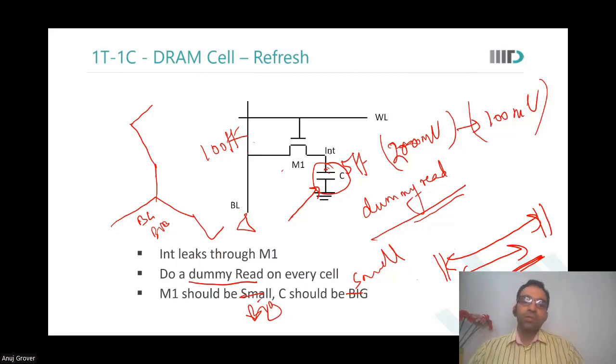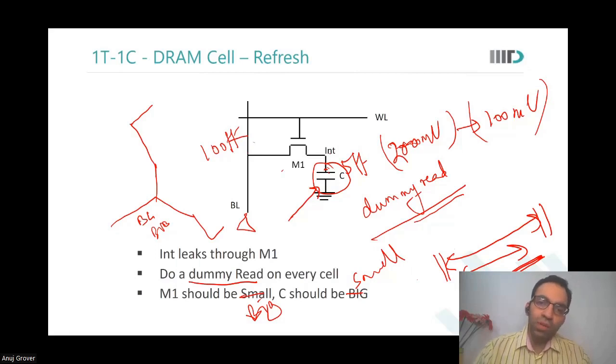So the sense amplifier has an offset dependent on voltage: I want my voltage to be at least this much so that I can sense a 0 or a 1. And the capacitor will leak charge through M1. Voltage is Q equal to CV, so Q by C is the voltage.